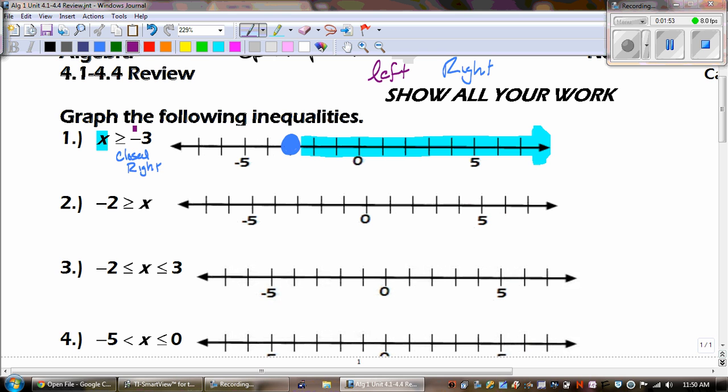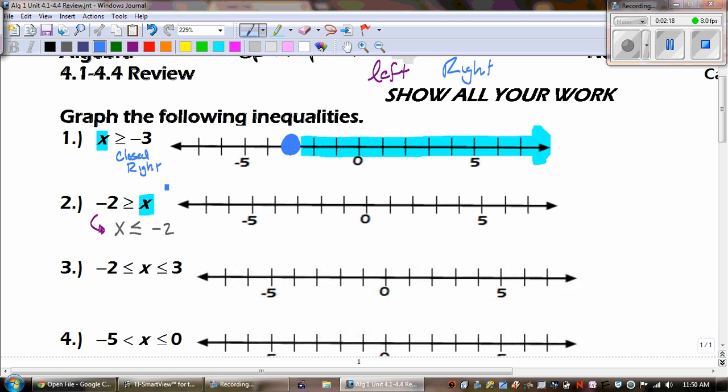All right, number 2. The first thing I notice about number 2 is the variable is not first. So that means we need to rewrite it. And when we rewrite it, the x comes first and then the -2. The inequality is pointing at the x, so when I rewrite it, I want to make sure it is still pointing at the x.